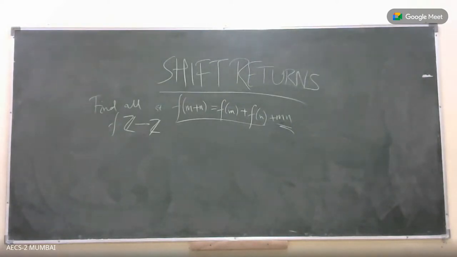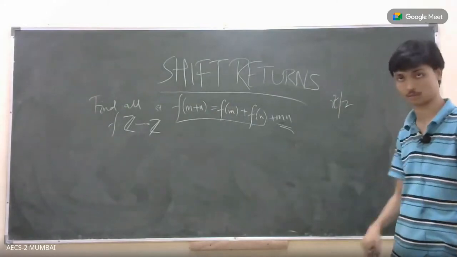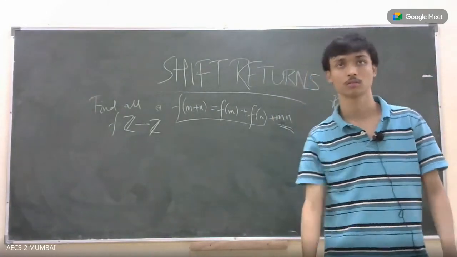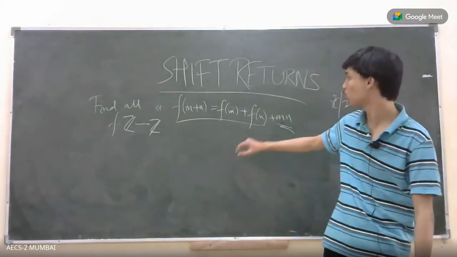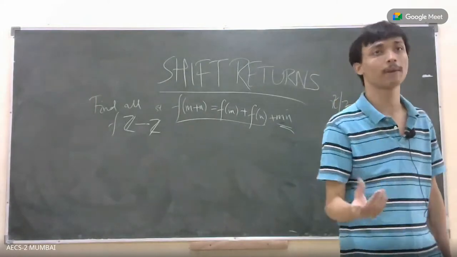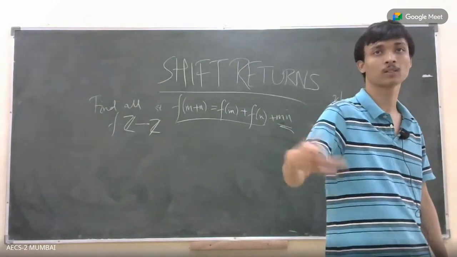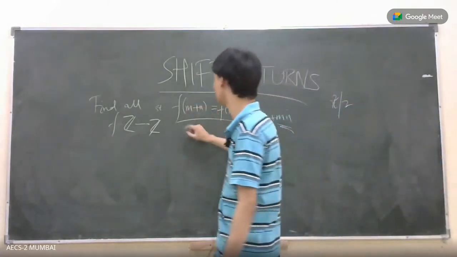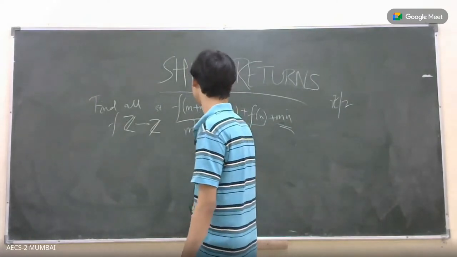Can anyone find a solution? f(x) = x square by 2. Exactly. I mean, you get mn when you square stuff, but you get 2mn when you square it. So I want just mn. So x square by 2, and when you put x square by 2, this becomes m square plus 2mn plus n square by 2.